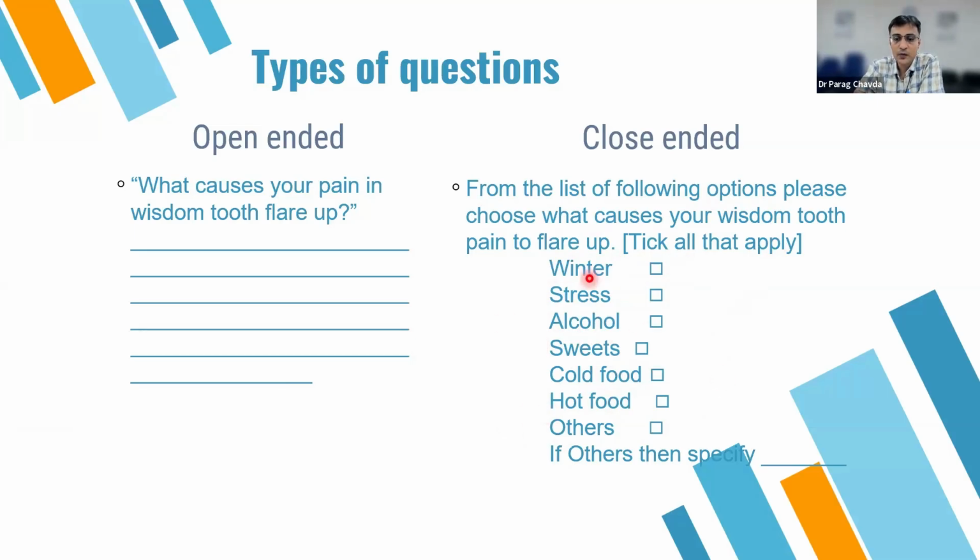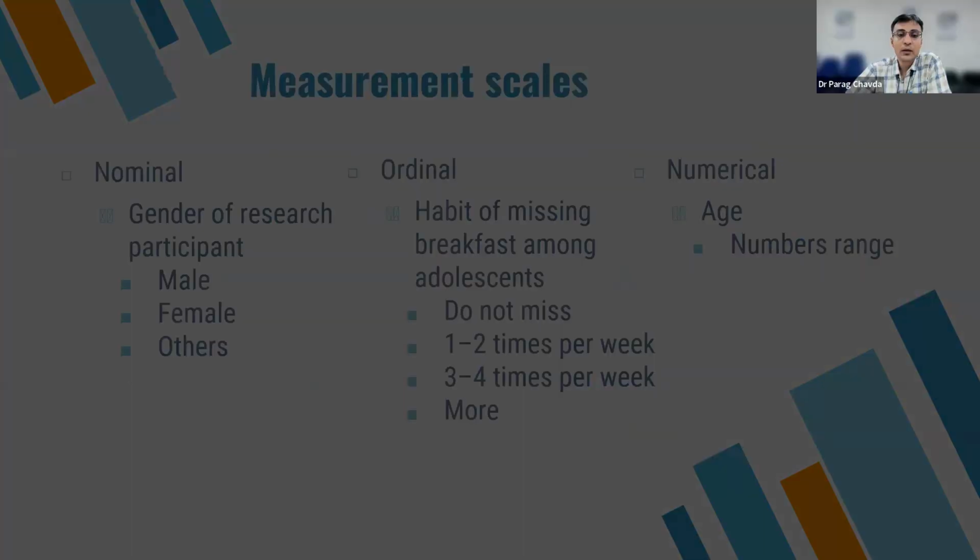If my questionnaire contains 15 questions, except one or two questions where I might receive open-ended replies, most of my questions have to be close-ended questions. Another important advice is when you have multiple options and you want to allow participants multiple responses, at the time of data entry, it would be good to create a separate column for each one of them, right? We'll come to that when we talk about data entry.